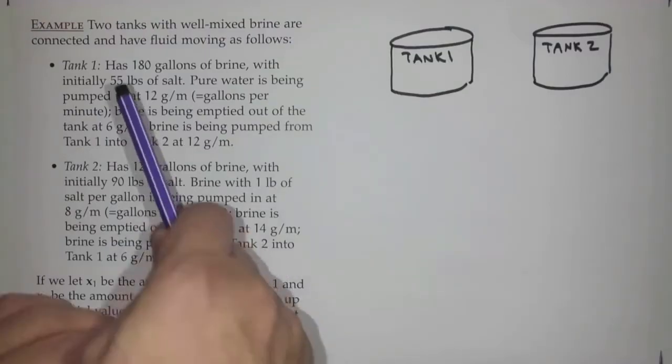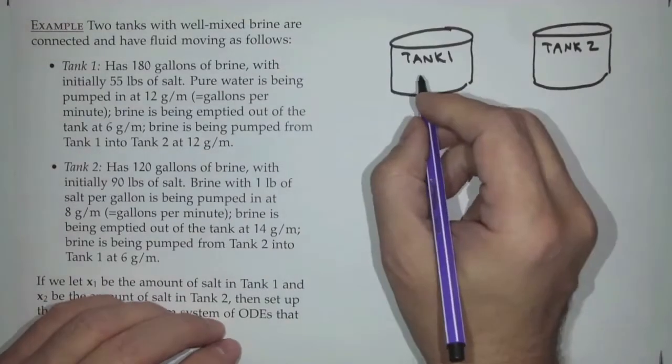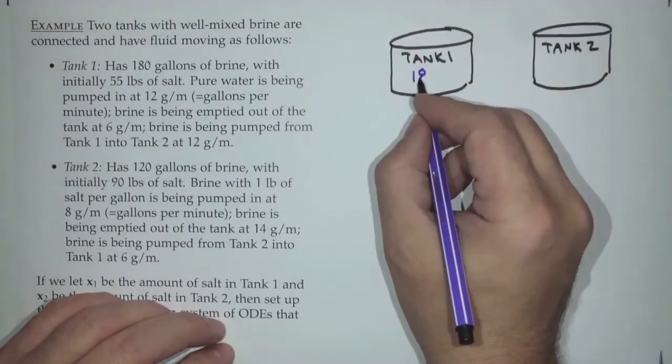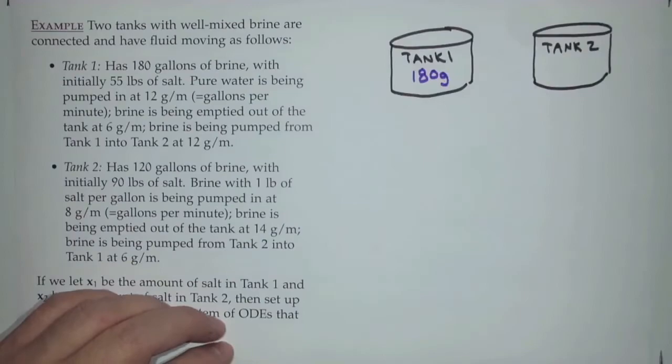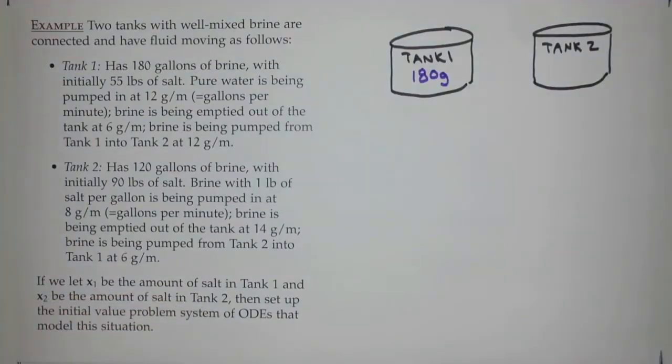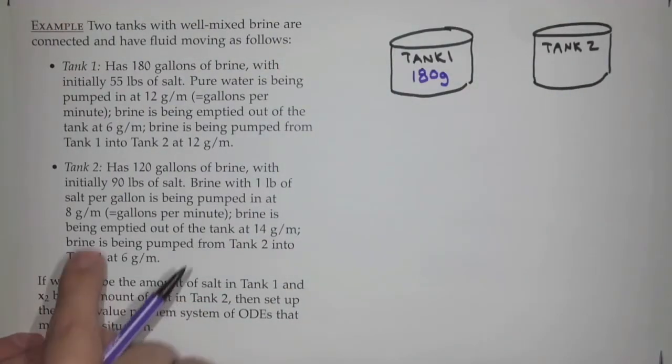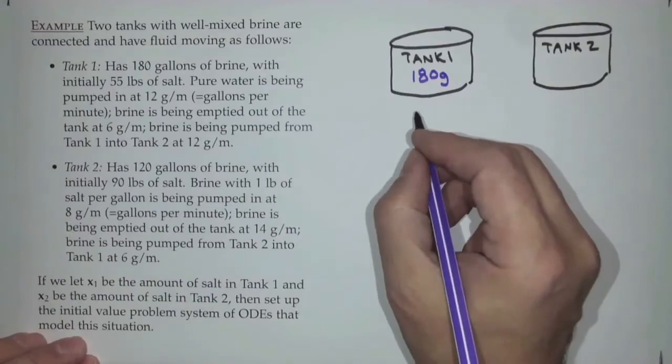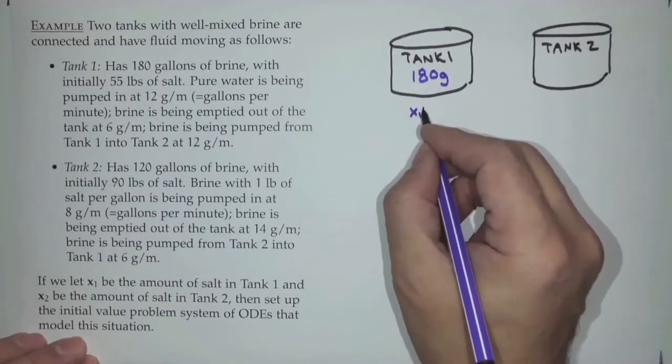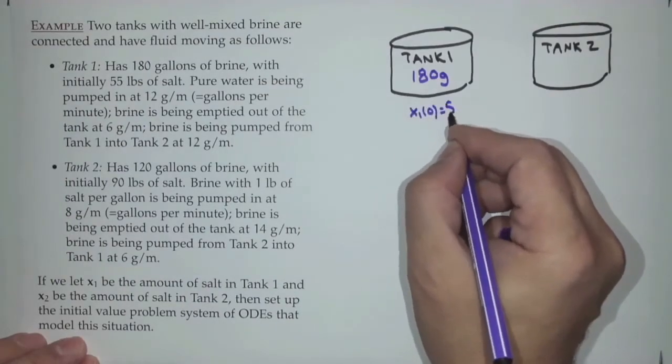Tank 1 has 180 gallons of brine, so we're going to write 180 gallons. Initially it has 55 pounds of salt. Since x1 is the amount of salt, initially 55 pounds of salt means x1 of 0 is 55.